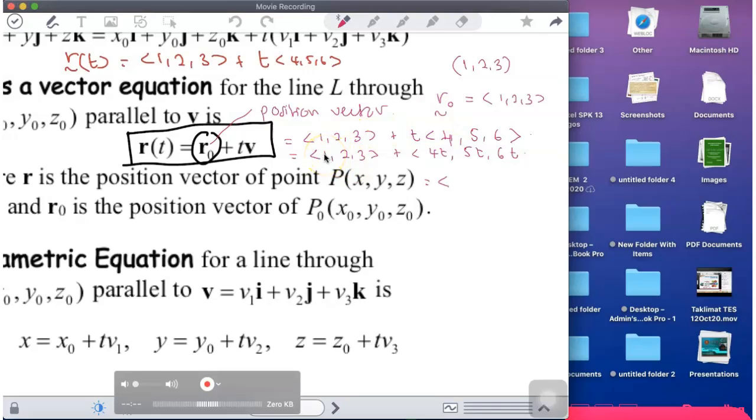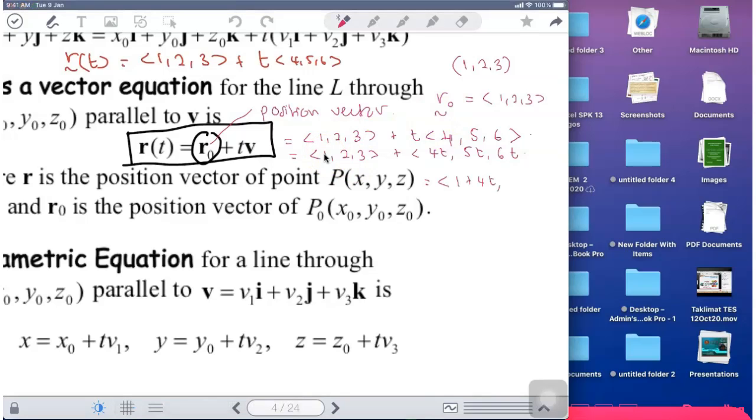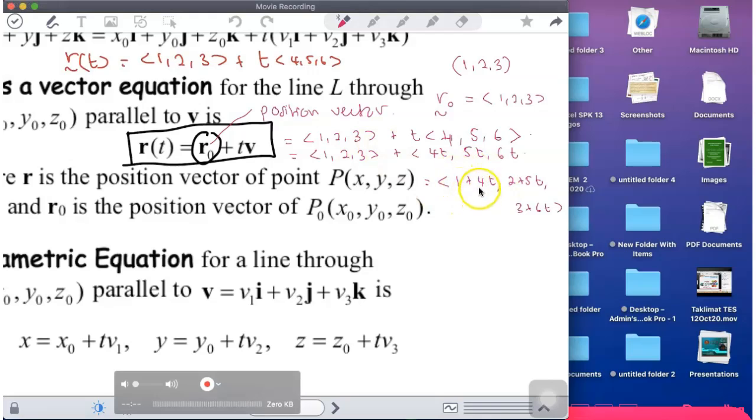For component X, you have 1 plus 4T, for component Y, you have 2 plus 5T, and for component Z, 3 plus 6T. That is your vector function in vector form.